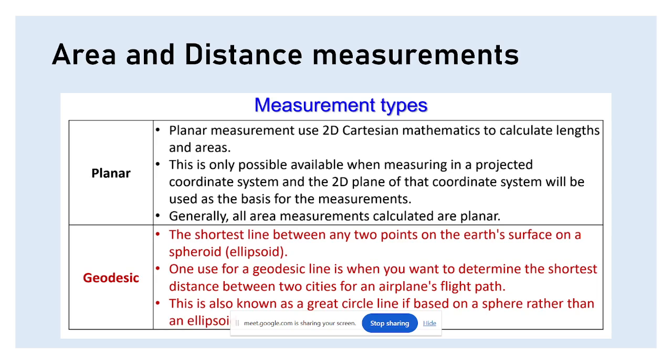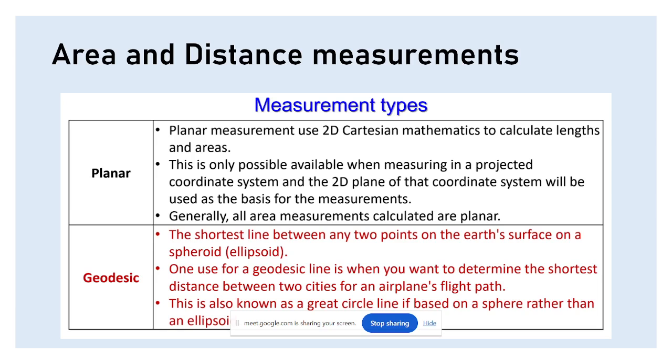So there are different types of area and distance measurement, like we can do it in different ways. The few ones we'll be discussing here are those which the professor has also discussed in the lecture, so we'll be just touching upon those topics. The planar measurement is one kind of measurement, and then we have the geodesic measurement.